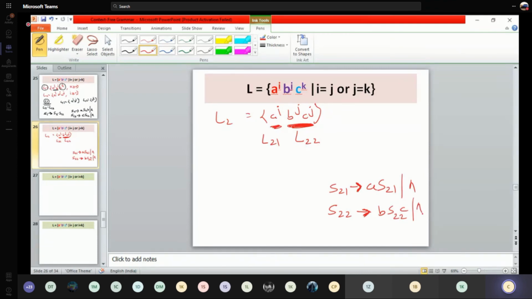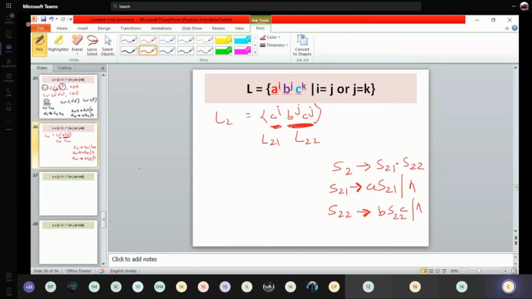So we are generating b and c an equal number of times. Now again L2 is a concatenation of two different languages, so we'll write S2 for the L2 language, and S2 goes to S21 S22.